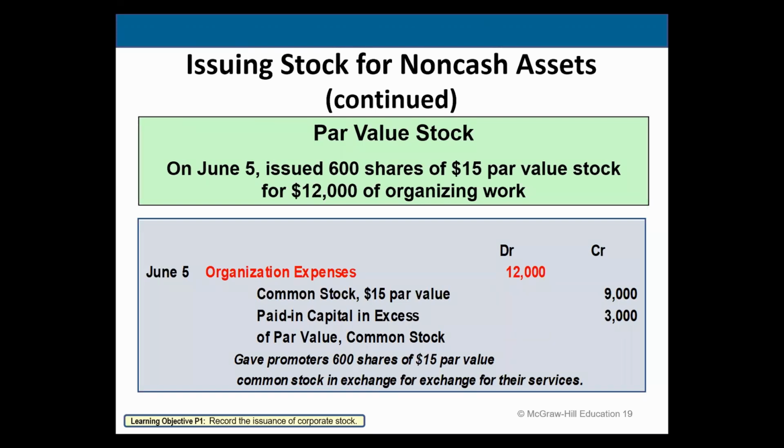We have organization expenses, debit of $12,000, and we have a credit for common stock, $15 par value, for $9,000, because 15 times 600 is 9,000, and then we have paid-in capital in excess of par value of $3,000.